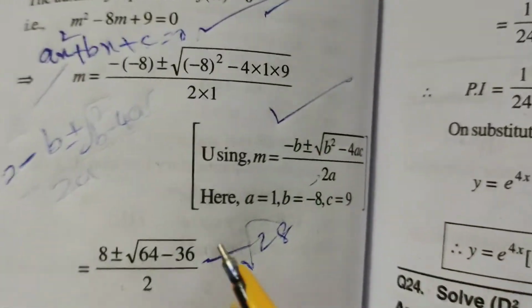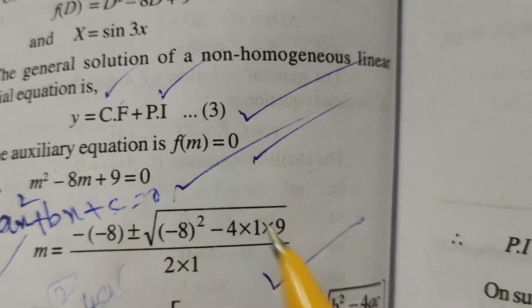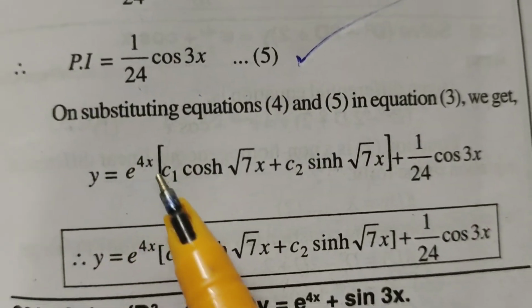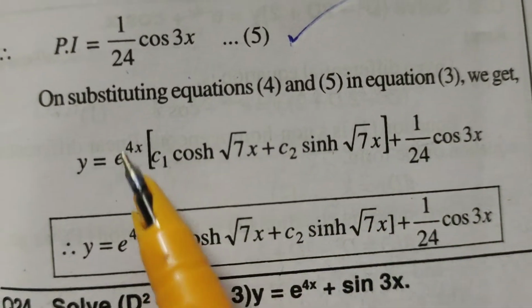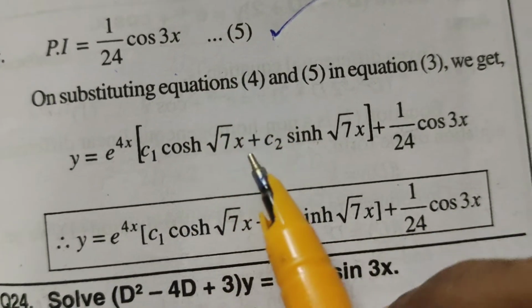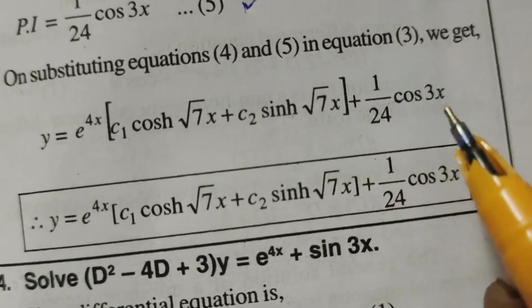The solution is y = complementary function + PI. Therefore, y = e^(4x) (c1 cosh √7 x + c2 sinh √7 x) + the particular integral PI.